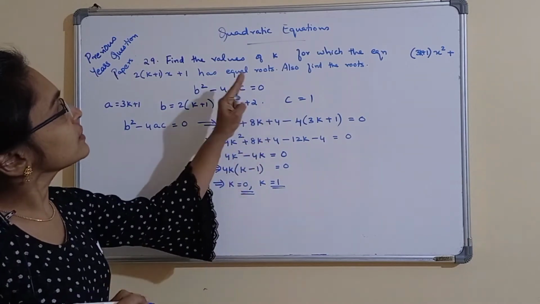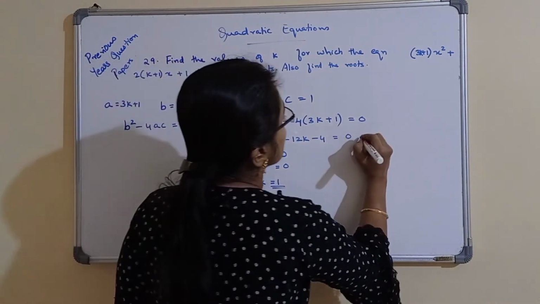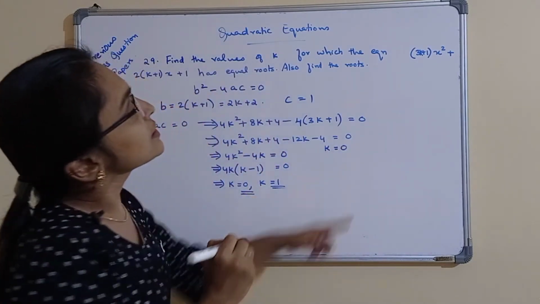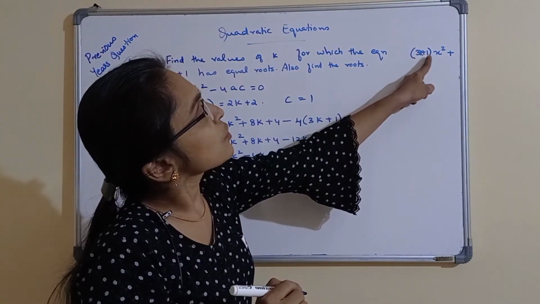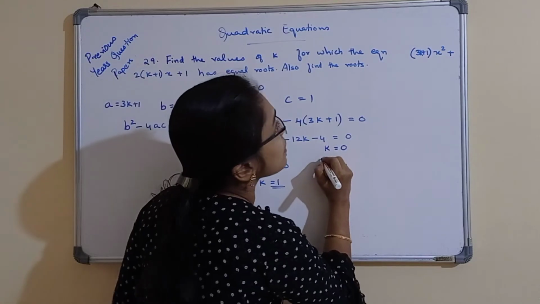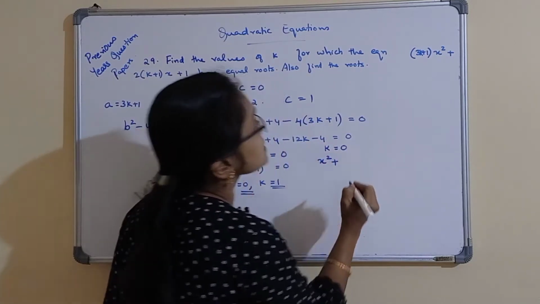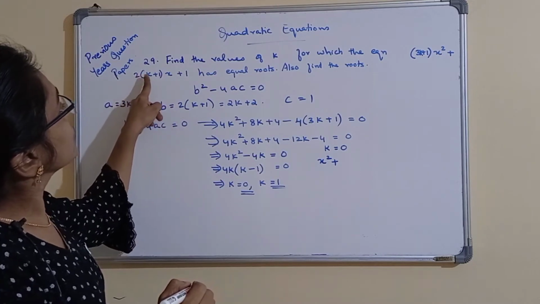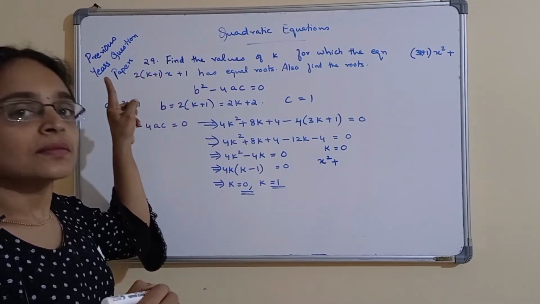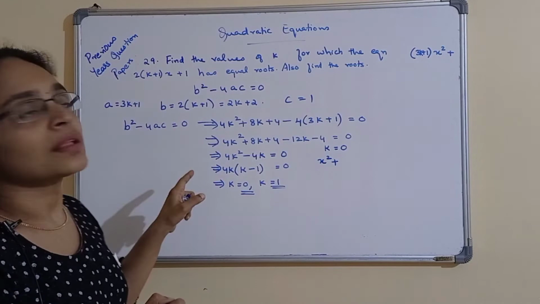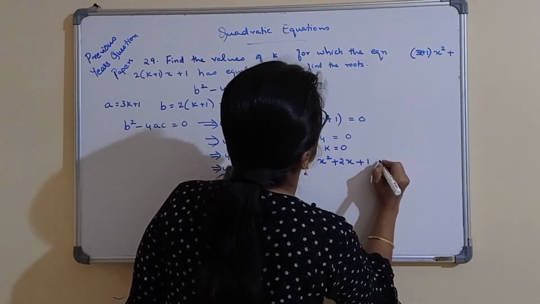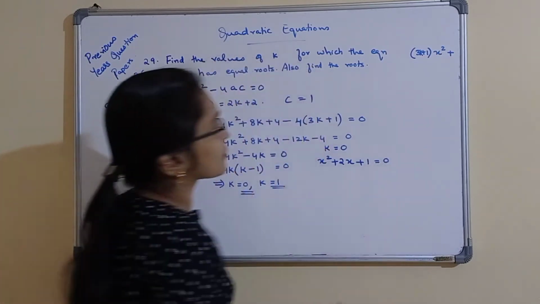Now we have to find the roots when k equal to 0. So when k equal to 0, this will become 0 plus 1 x square, that is x square plus 2k plus 1 into x, that is 2 into 0 plus 1 which is 2 into 1, that is 2x plus 1 equal to 0.